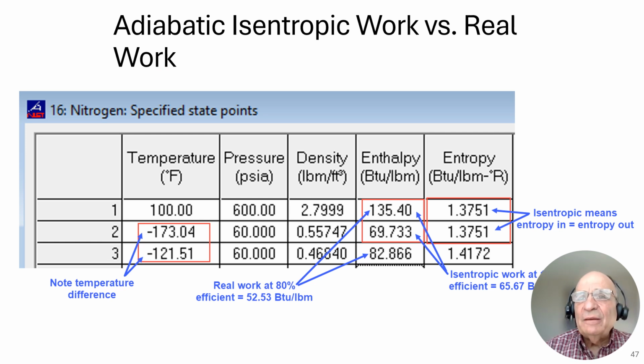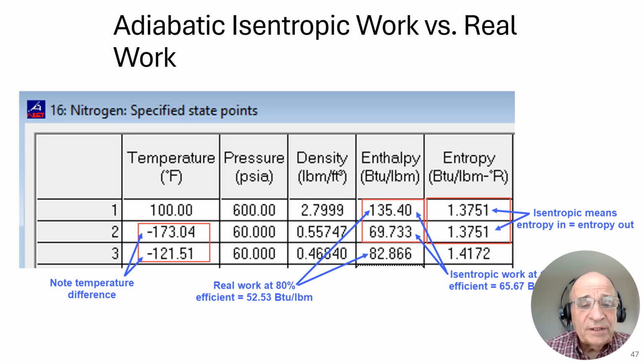In doing that, we'll be able to find the adiabatic isentropic temperature as well as the real temperature of the fluid that's coming out. And this is all based on BTU per pound. So the more mass you put through, the more refrigeration you're going to get. But we need to look at what the enthalpy of the output gas is to know what level of refrigeration we're going to get.